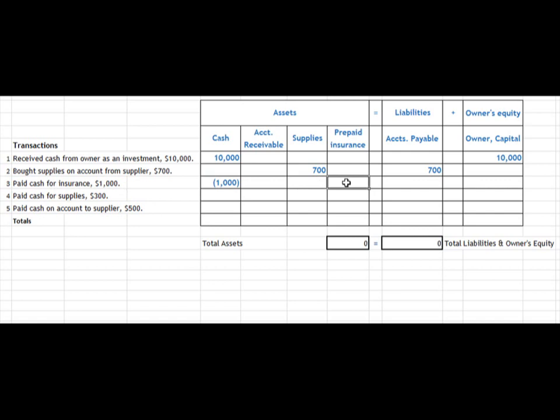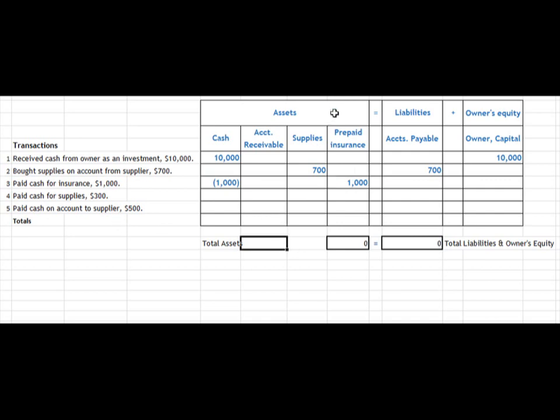So that will increase our prepaid insurance by $1,000. Prepaid insurance is still an asset because it's not yet used. When it is expired or used up, it will be considered as an expense. But for the meantime, the prepaid insurance is an asset.